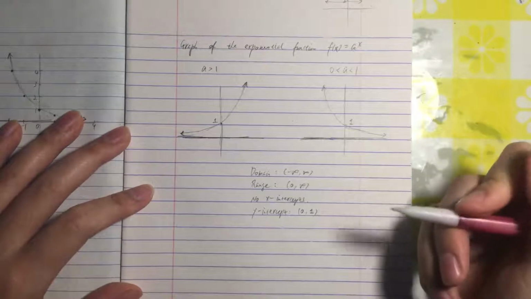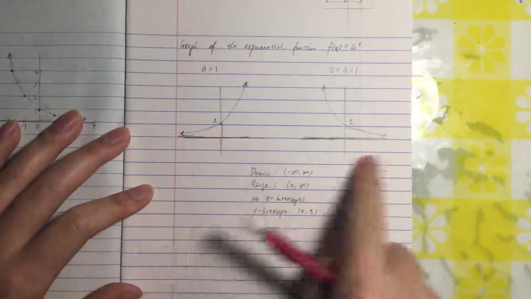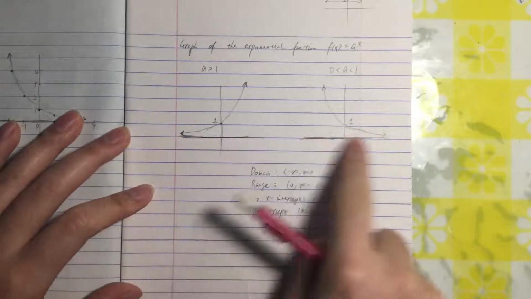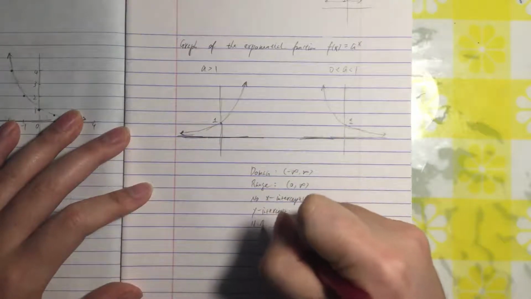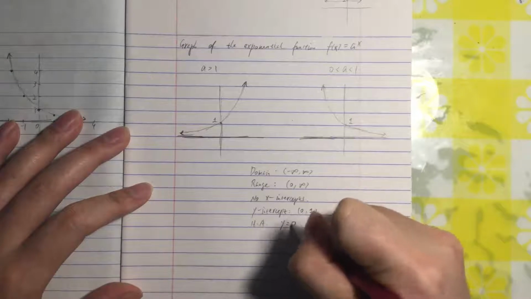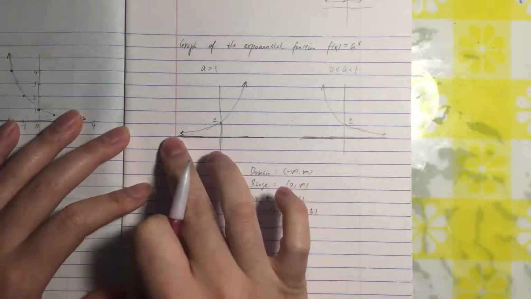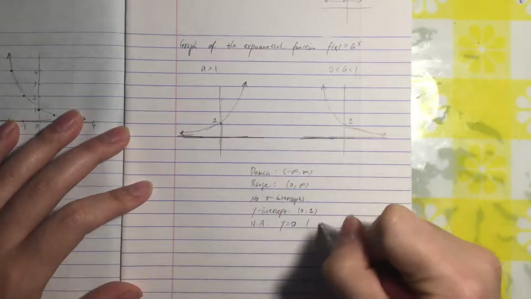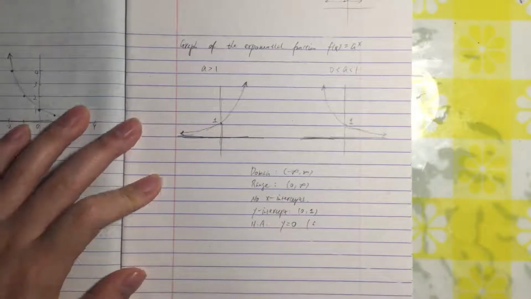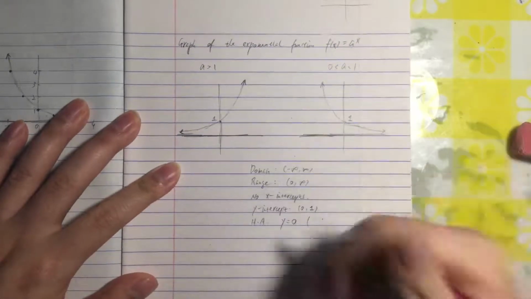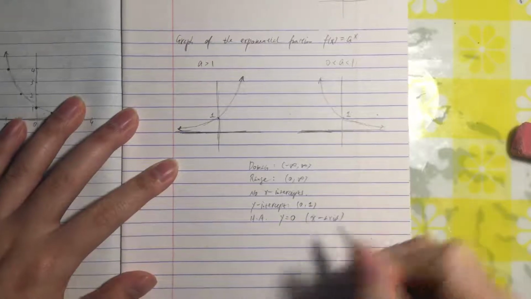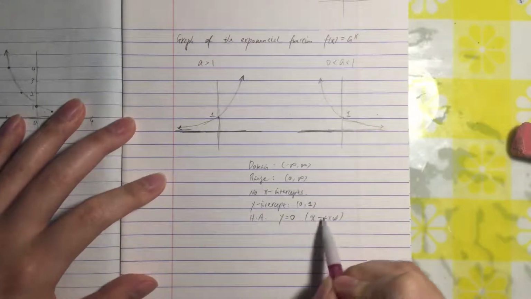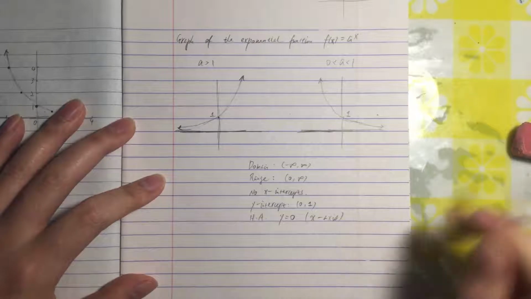And in both graphs, there's a horizontal asymptote, which is the x-axis, y equal to 0. The line y equal to 0 is the same as the x-axis.